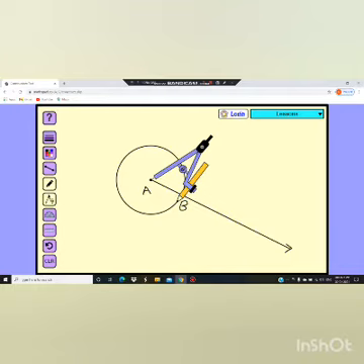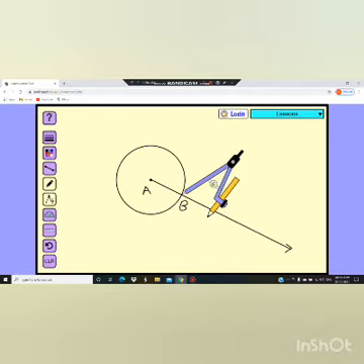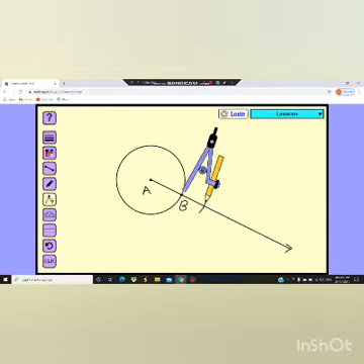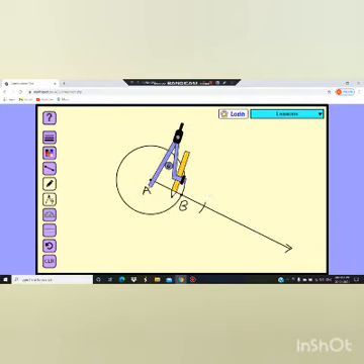It's the same way. So the first thing is to keep the pointer on B, not equal to AB but a little bit less than AB. Take a distance in the compass, and on the left and right side of B we will draw two arcs. Okay.